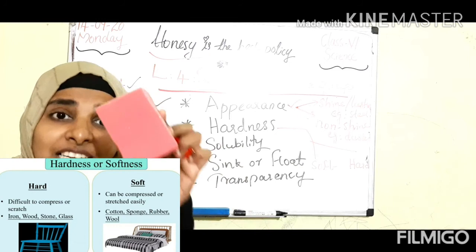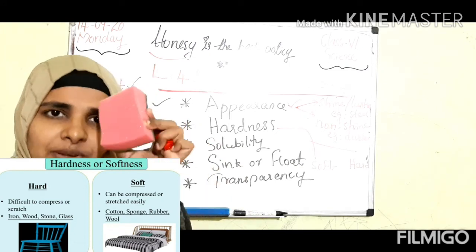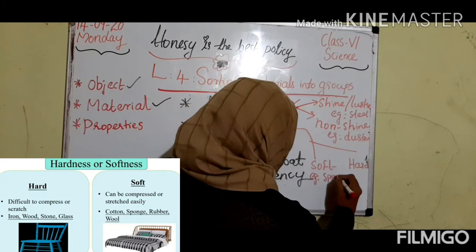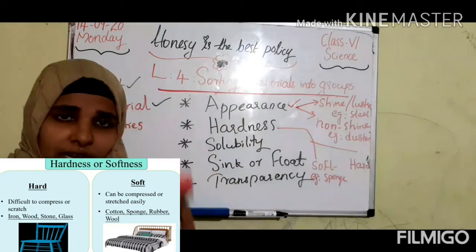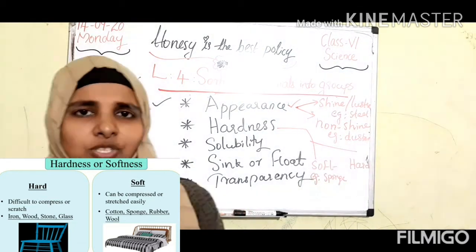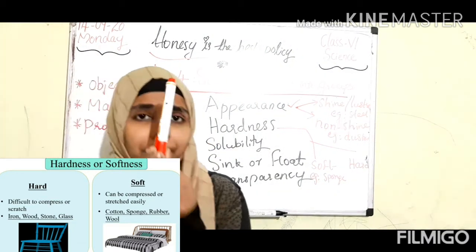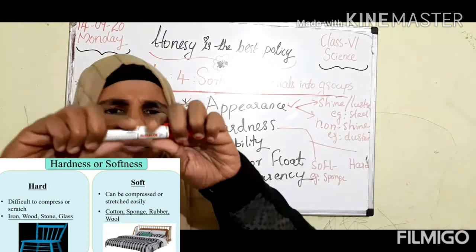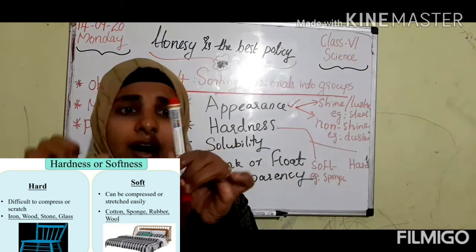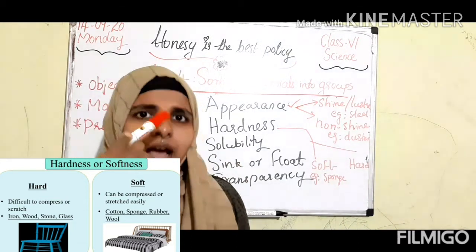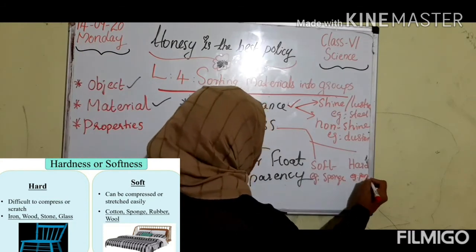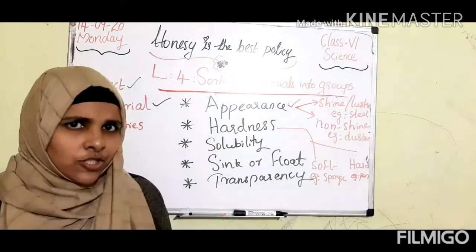Objects which are easy to compress we call soft material. Example, sponge. Some objects are not easy to compress. Suppose I take this example, a pen. It is very difficult to compress, right? That we call hard material. So we can write the example, pen. Understood, all of you?